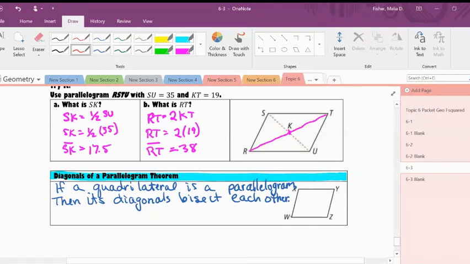So given the diagonals right here, let's mark this midpoint as, let's call it A. That means that XA is congruent to ZA, and WA is congruent to YA.